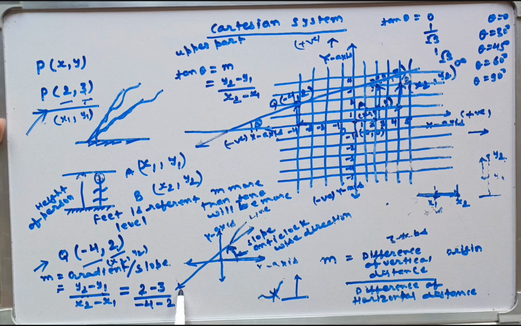So guys, what you see here, this value is coming minus 1 divided by minus 6. So this is 1 by 6. So here 1 by 6 is the numeric value of this gradient.